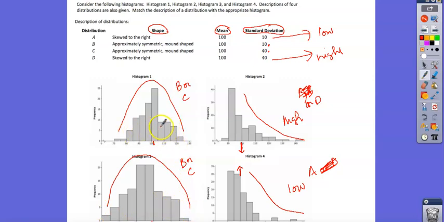These are a little bit closer. So I would say B has to have the lower standard deviation. So I would think this has got to be B. This one's spread out further. The data is spread out more. So I would say this one is C. Okay? You see how I did that by kind of a process of elimination?